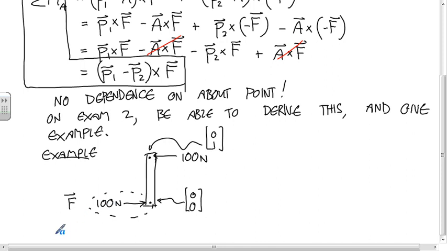So that means that the moment is equal to 0, 0 minus 0, 1 crossed with the force vector 100, 0.